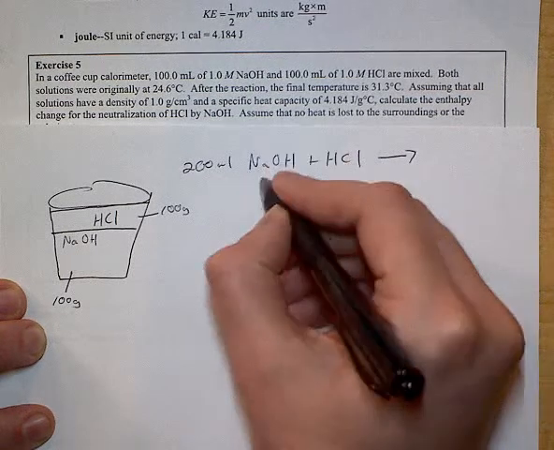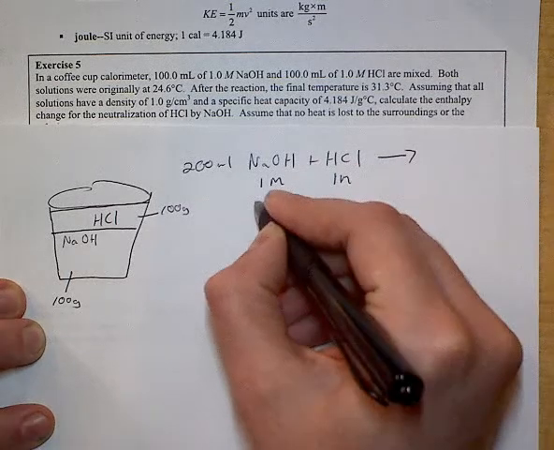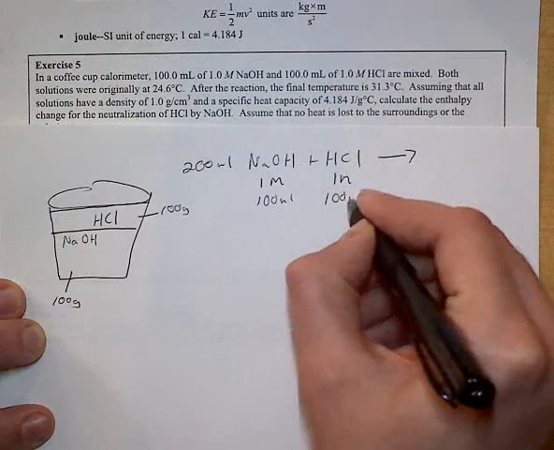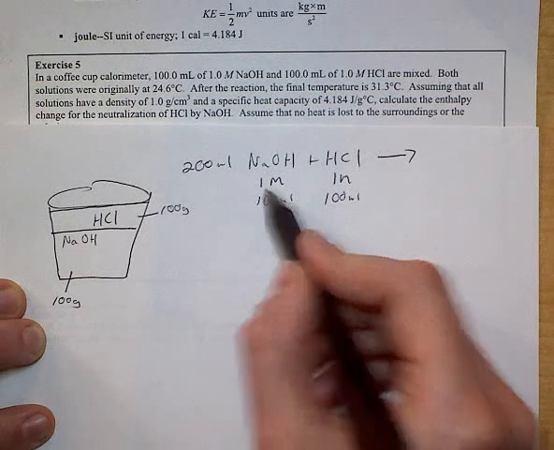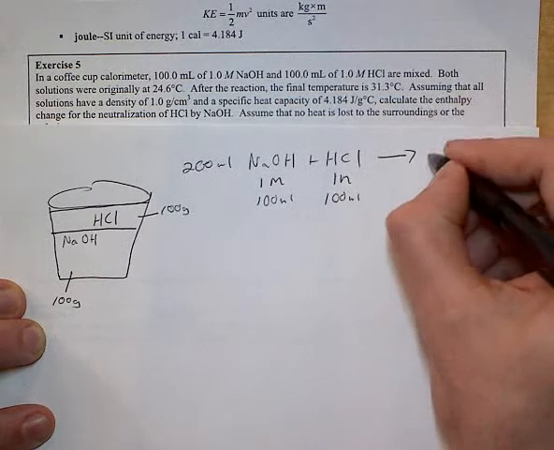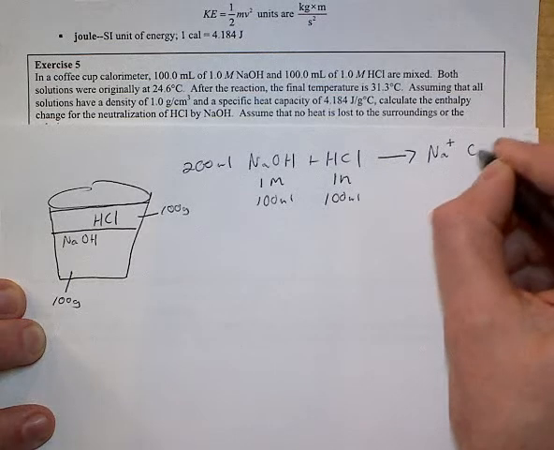This is 1 molar, this is 1 molar, and I've got 100 milliliters of each. So I've got the same quantity of each, and in the reaction form this is 1 to 1. So I'm going to form Na ion and chloride ion.